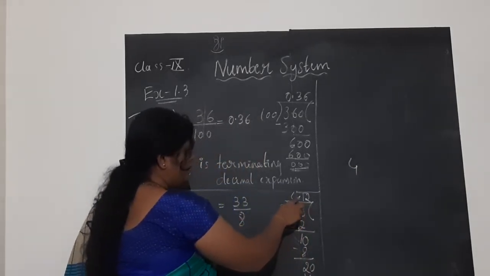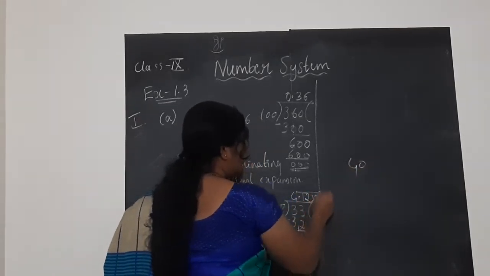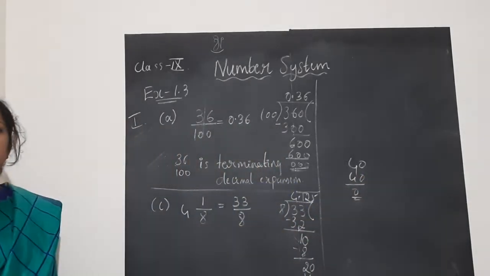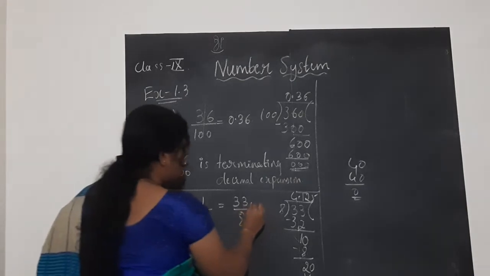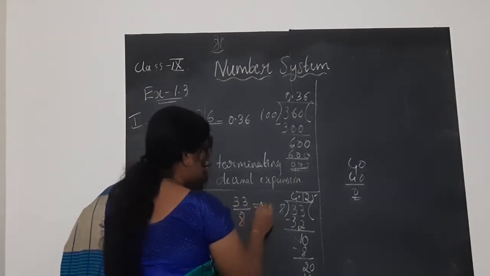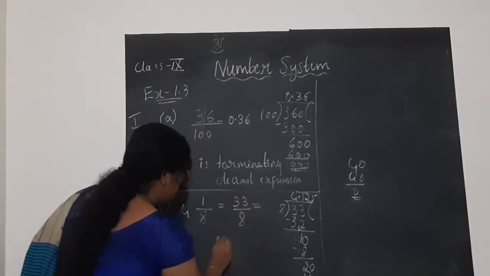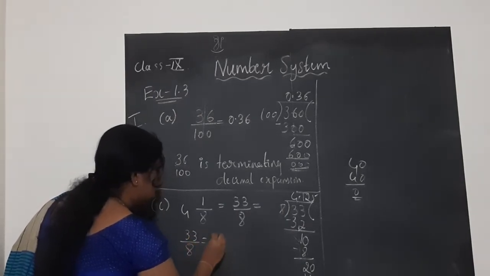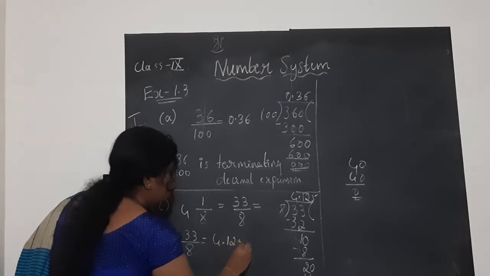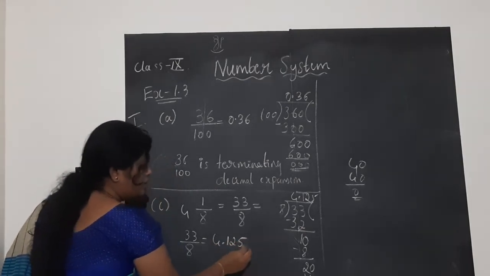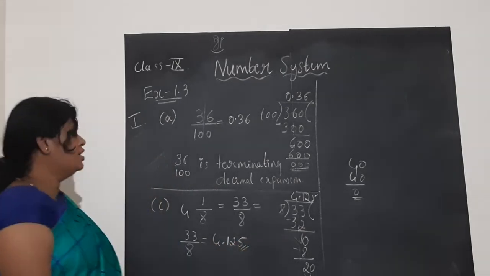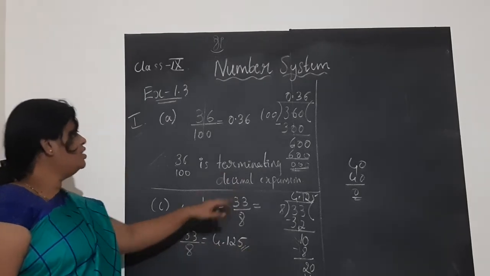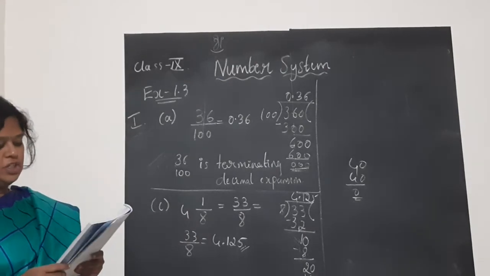Again the decimal point is there, take 0. 8 5s are 40, and again we got the remainder 0. So 33 divided by 8 is 4.125. It is terminating at the third decimal place, that is 1, 2, 5. Hence this is also a terminating decimal expansion.